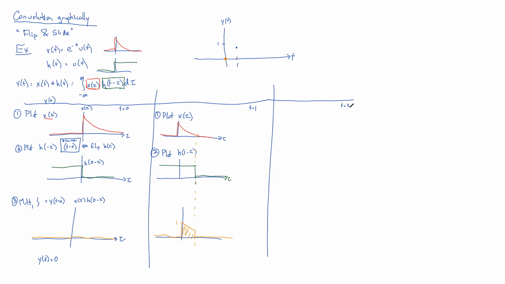And now we'll do it again for t equals 2. For t equals 2, I'm not going to redraw everything because the x of t part stays the same. The second part, we've just pushed this thing even further over.